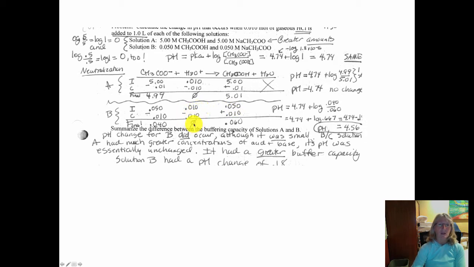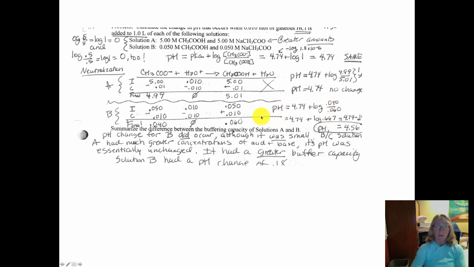We still neutralize all the acid, but there's a lot less left of the acetate, and we have an increase of 0.01 molar for the acetic acid. So I'm going to go pKa, which is negative log of 1.8 times 10 to the negative 5, and that's where the 4.74 comes from, plus the log of 0.667.